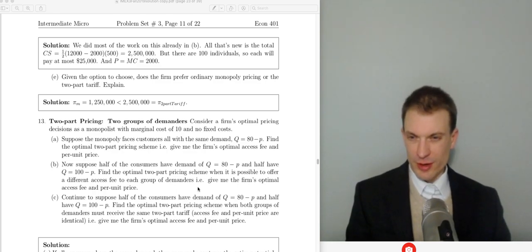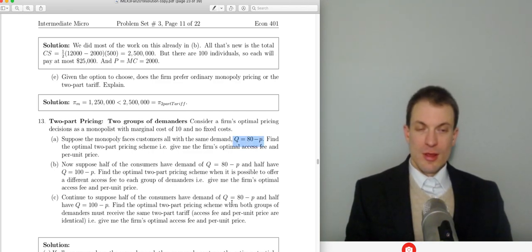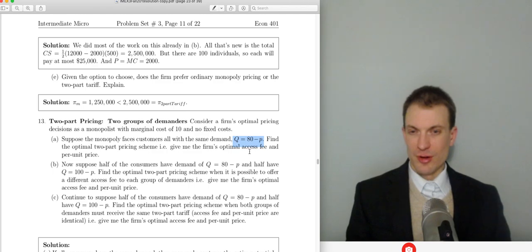Okay, in the first one, here we have consumers all with the same demand. Find the optimal two-part pricing scheme. Well, here I just have one group of demanders, so I have identical demanders at this point. Here you're going to set price equal to marginal cost, set the fee equal to consumer surplus at that situation. Okay, marginal cost is 10. So the price is going to be 10.